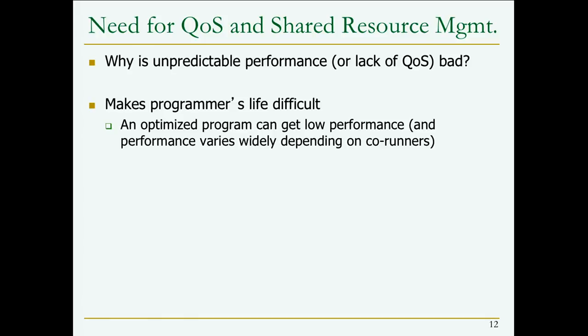And whoever demands it, someone else may not have optimized their program, or maybe it's hard to optimize their program. They're just streaming through memory, and they destroy the performance of an optimized program. So basically, performance optimizations may become useless in that sense, right? So that's a big downside. So you really want some predictable performance such that the programmer can make assumptions as to what to optimize for.